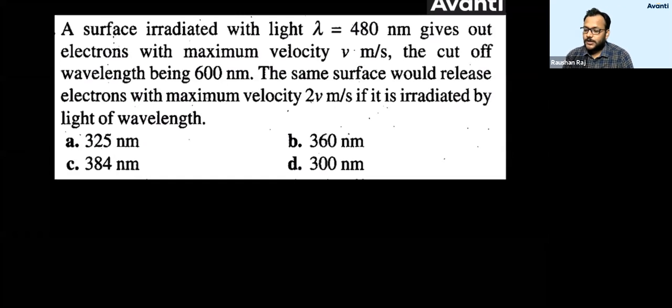Okay, so when lambda is 480 nanometer, the maximum velocity is V. Cutoff wavelength is what? 600 nanometer. What is this cutoff wavelength, bachalo? What is the meaning of cutoff wavelength? Come on, guys, give the answer.